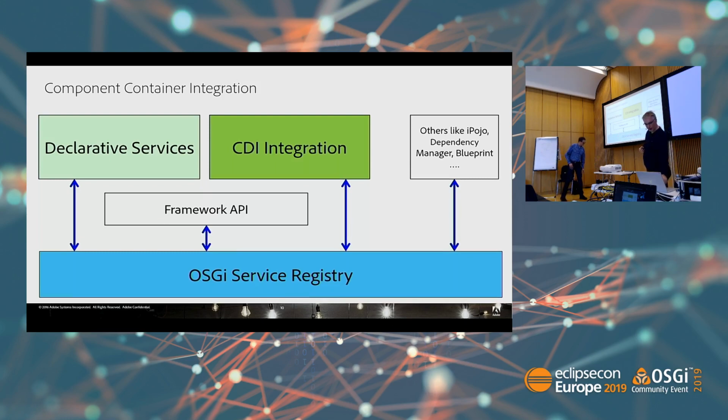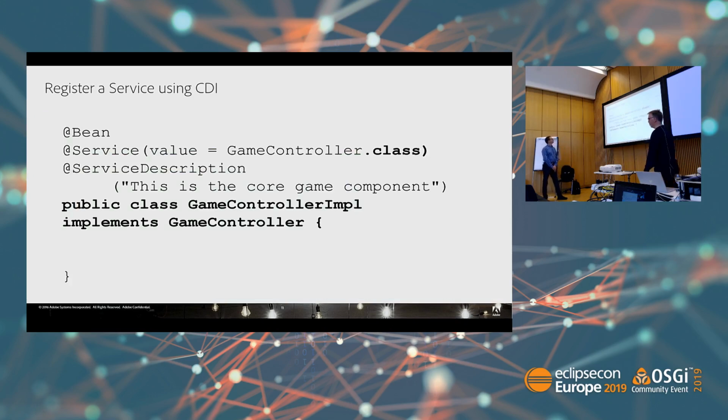So let's see, and this is really just a very quick run-through of what developing services with CDI looks like. I guess there are maybe better ways than what we've come up with here. If you want to implement a service, this game controller service over here, using CDI technology, you basically stick some annotations on top of the class.